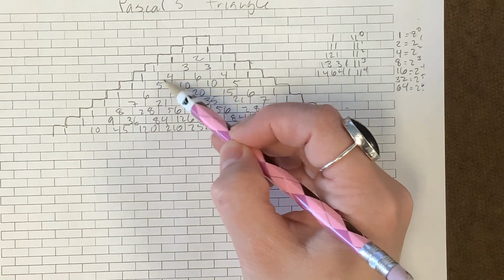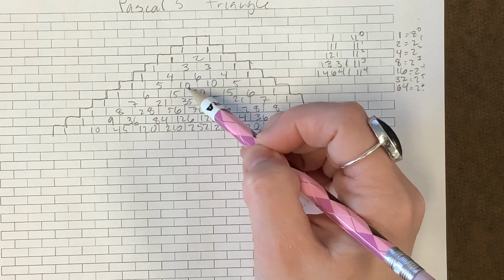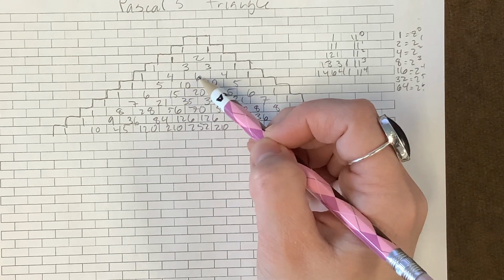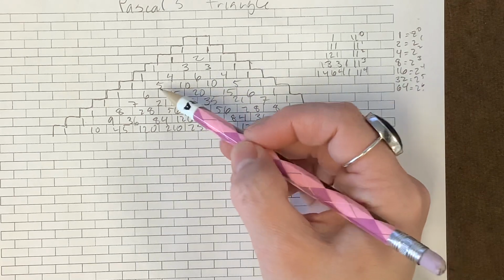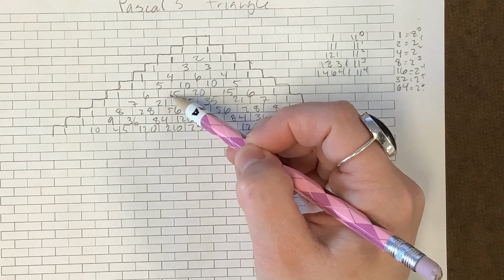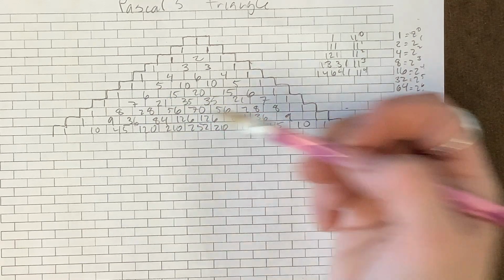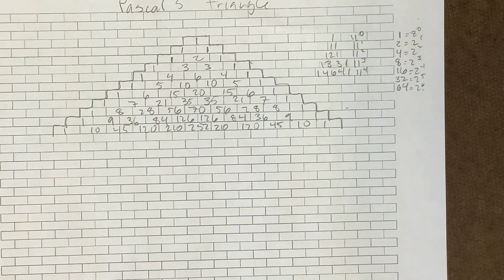So if we square this number, that is the same thing as this plus this. So 4 squared is 16, which is 10 plus 6. 5 squared is 25, which is 10 plus 15. 6 squared is 36, 15 plus 21. See, totally works. Isn't that cool?